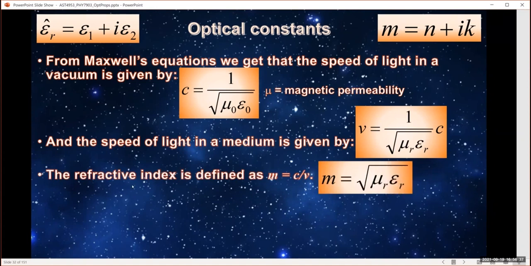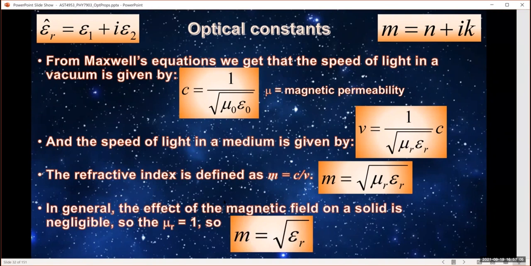And since we define the refractive index as the ratio of the speed of light in vacuum to the speed of light in a material, then we can basically rearrange this equation so that we get that the refractive index is related to the relative permittivity of the material and the permeability of the material.